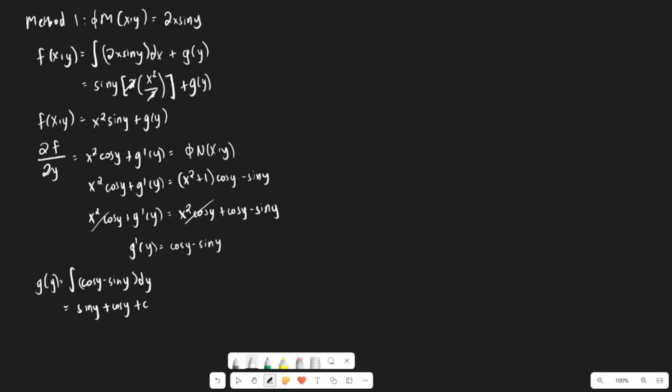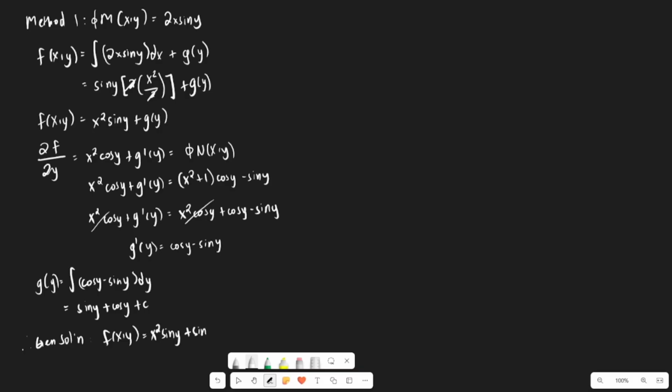So now our general solution is f(x,y) is equal to, copy this, x squared sine y plus our g of y, which is now this part.